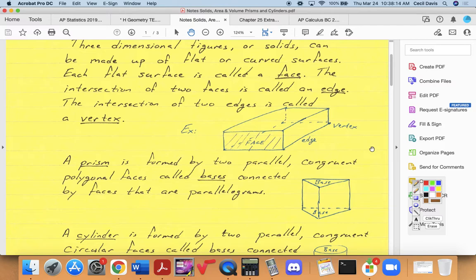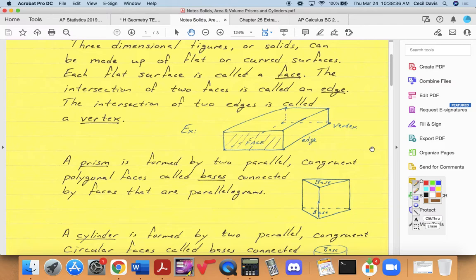Now, it says that the other faces have to be parallelograms. Most of the time, they're going to be rectangles, but they can be a parallelogram as well. So in the room, all of these pieces of walls, because this wall is all broken up, are those parallelograms.